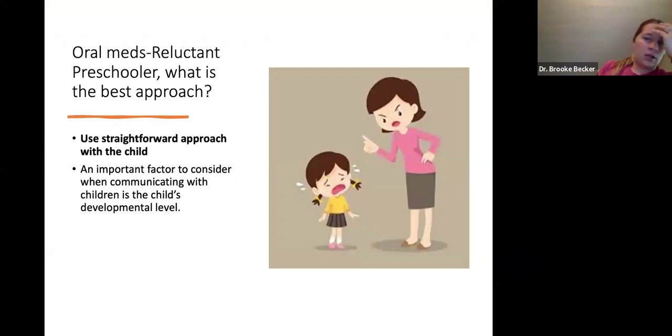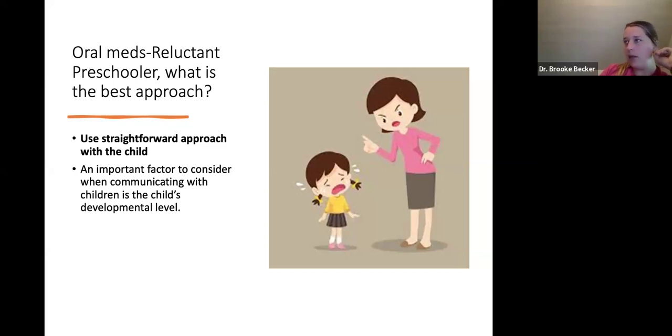So preschoolers who are reluctant to take oral medications. So it's best to use a straightforward approach. With preschoolers, things like rewards can be helpful. So like sticker charts, or they get a treat if they take their medicine like they should.